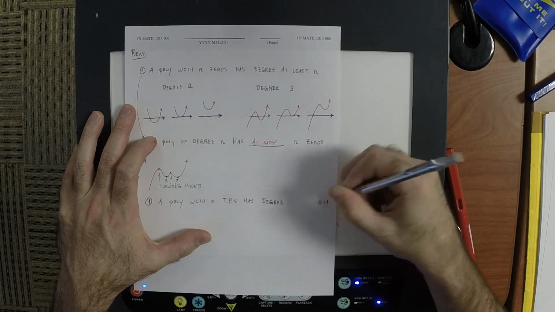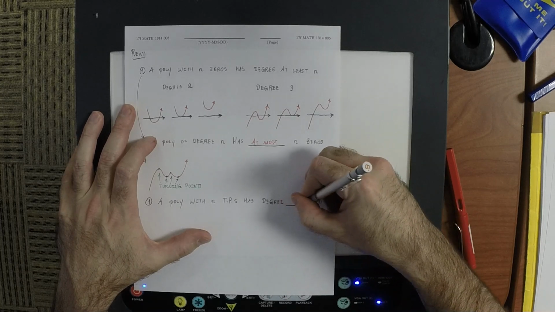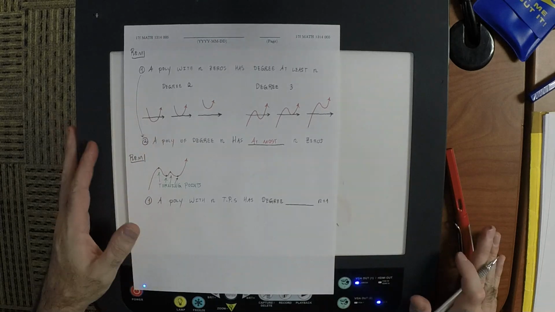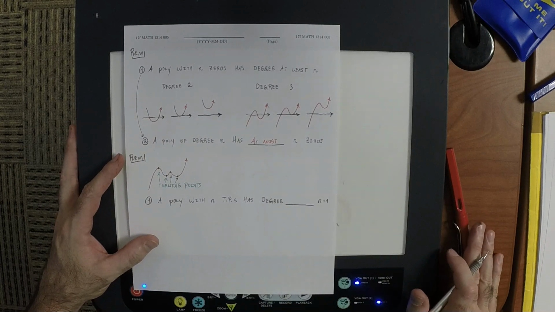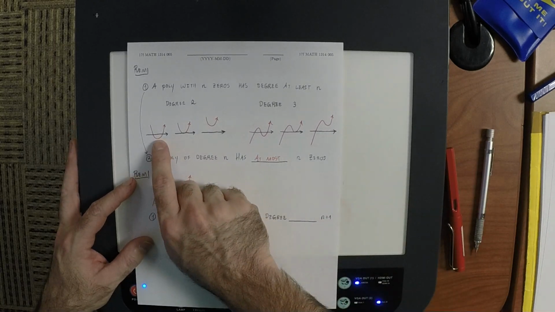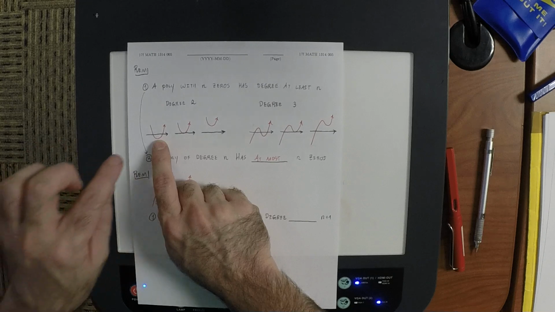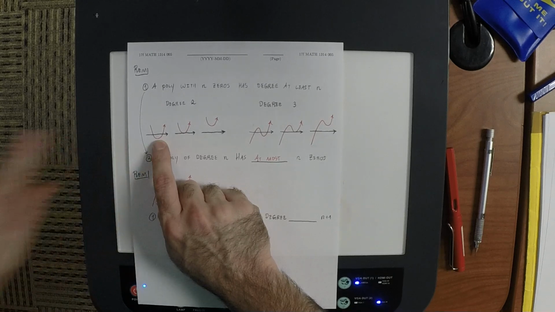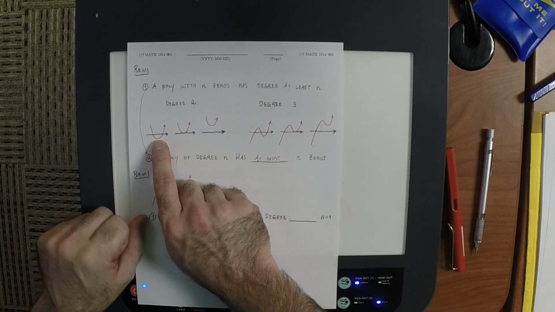So something n plus 1. How many turning points? 1. So this has, its degree is at least 1 more than that. So this is degree 2.